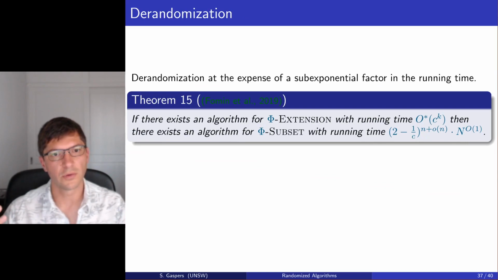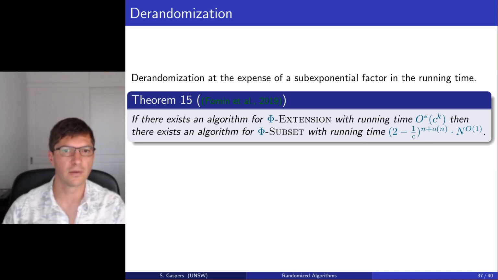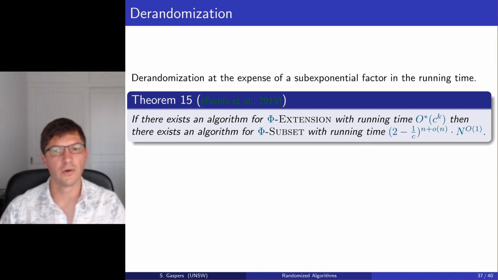And if we're not happy with randomized algorithms, there is a way to de-randomize this algorithm. We can de-randomize the algorithm at the expense of a sub-exponential factor in the running time.